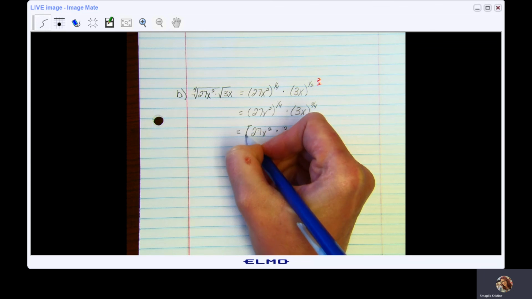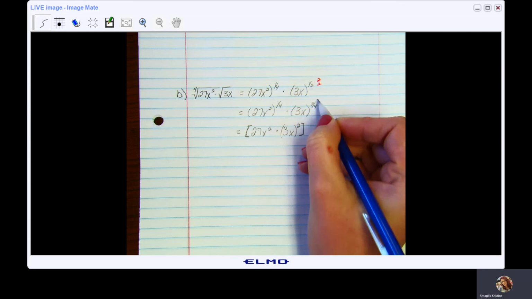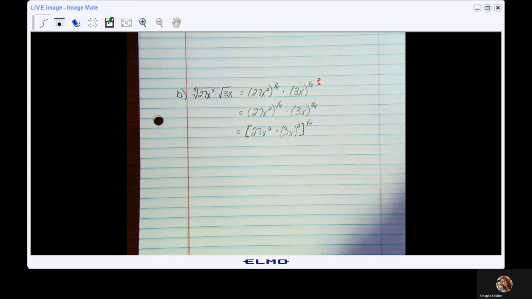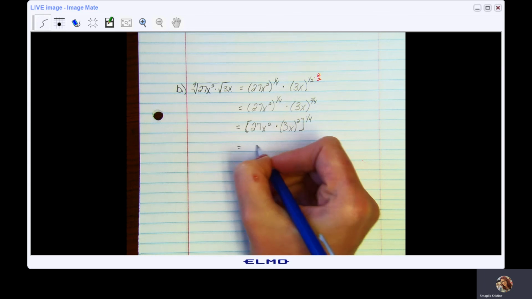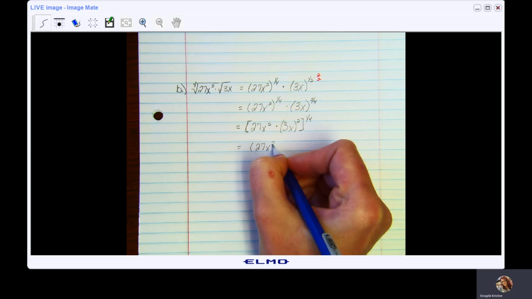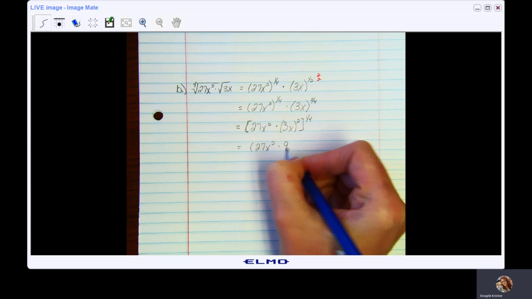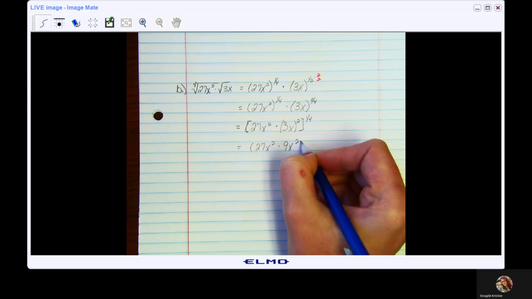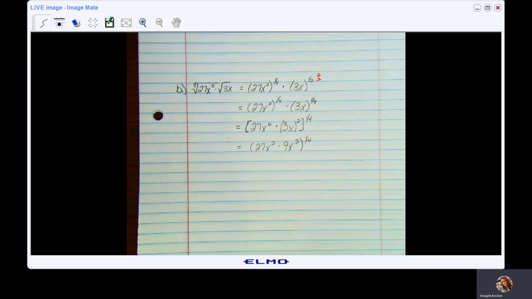Let me do this as a bracket. I'm going to keep the numerator here, and then what's going to be left is 1/4. So let's keep cleaning this up some. I'm going to have 27x squared times 3 raised to the 2nd power is 9. x to the 1st raised to the 2nd power is x squared. Everything is raised to the 1/4 power.